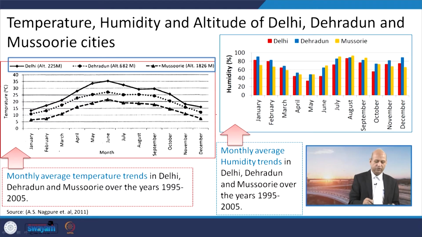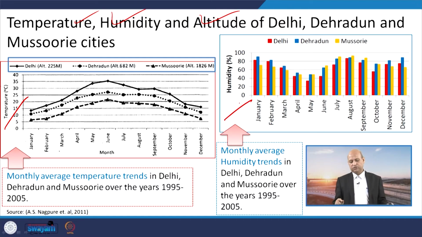Well, there are correction factors which we have taken, which depend on the topography and the geographical location. That is temperature, humidity and altitude of Delhi, Dehradun and Mussoorie. You can see the variation of temperature here, and humidity here. As per the month, humidity varies basically.